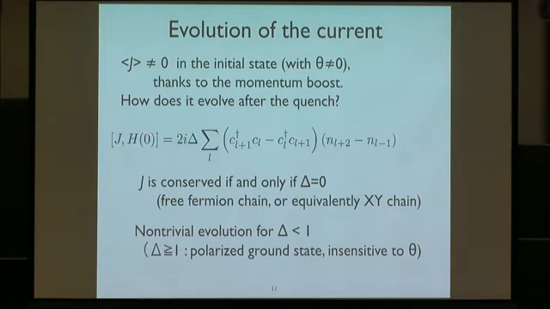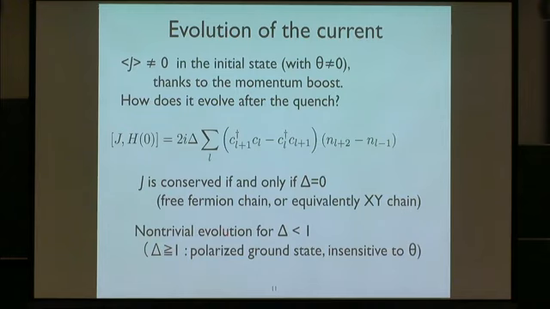That means J is conserved. So for the free fermion model, or equivalently the XY chain, once you give the initial state that gives non-zero expectation value for J, then it never changes at the free fermion point. But in general, if delta is non-zero, the commutator is non-zero, so the current expectation value shows some non-trivial evolution. That's what we are interested in.